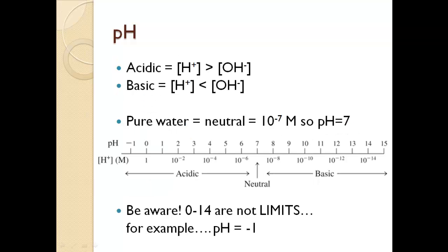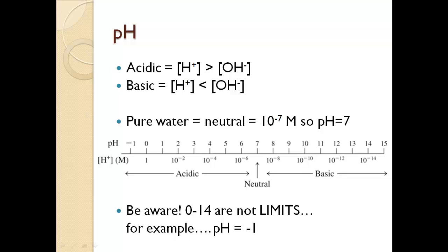So here's the scale you guys probably have seen before. It's the pH scale, and most of us know that pH scale from 0 to 14. I want you to realize that those are not set limits, all right? There are things that have pHs lower than 0 and higher than 14. For example, what if I gave you a pH of negative 1? This is actually the pH of really, really concentrated acids.